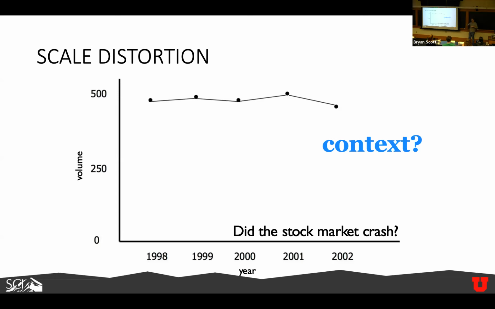That's in part because stocks are always growing in this sort of unsustainable exponential way. And so you always have good context for the recent history and bad context for the distant past, because the distant past gets really shrunk, and recent history gets most of the scale. But that's a very specific case.